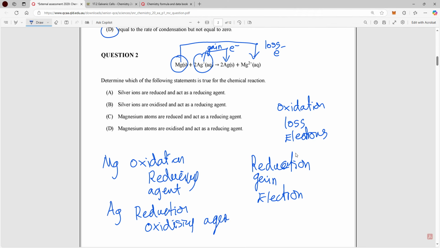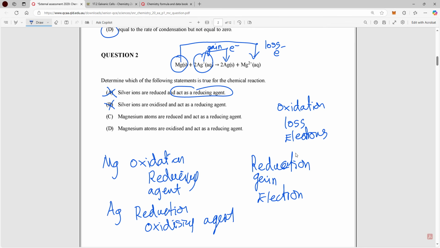Okay, so we just got to read these and see which one matches the information here. Silver ions are reduced, so that's correct, and act as the reducing agent. This last bit's incorrect, so this whole thing is incorrect. The first part was correct, but they put that bit at the back which is incorrect. Silver ions are oxidized, that's incorrect straight away.